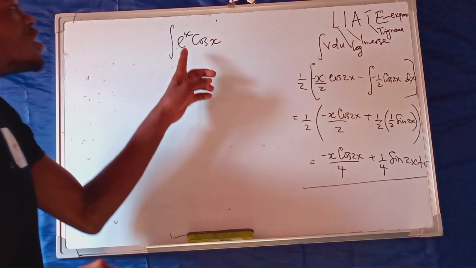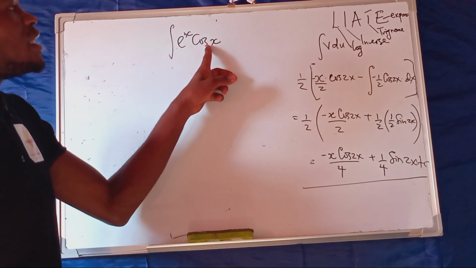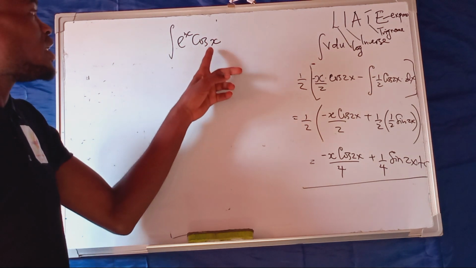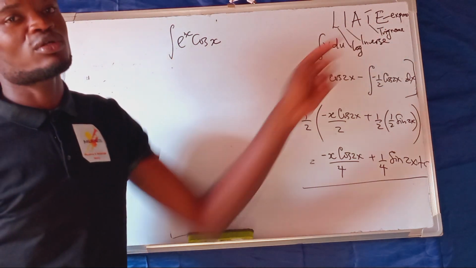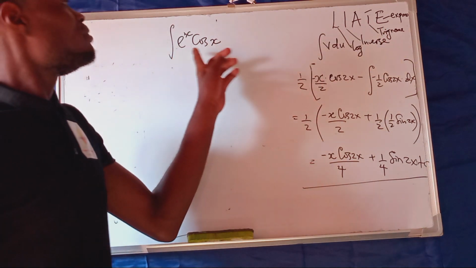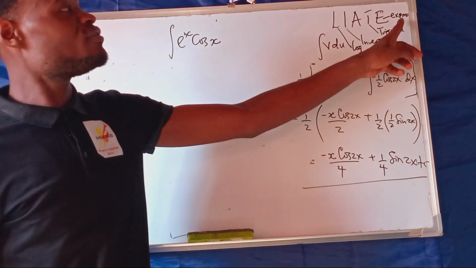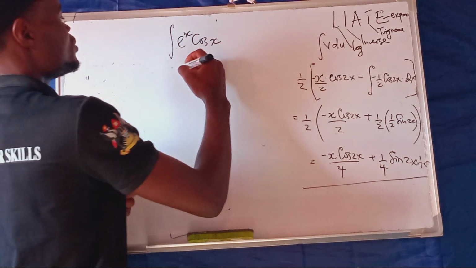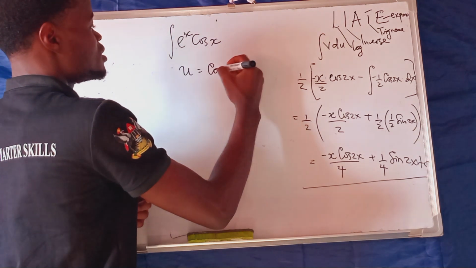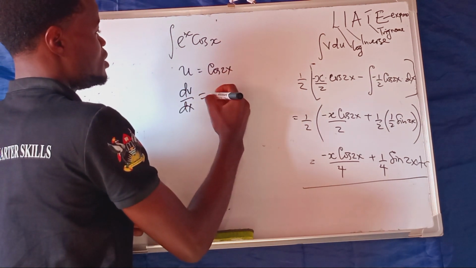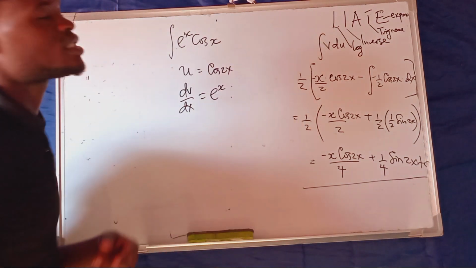So I have an exponential function and I have a trigonometrical function. So when I'm choosing my u, I'll follow this order. So my trigonometry function here comes first before the exponential function. So I will choose my u to be cos x, and I will choose my dv dx to be exponent of x. As simple as that.